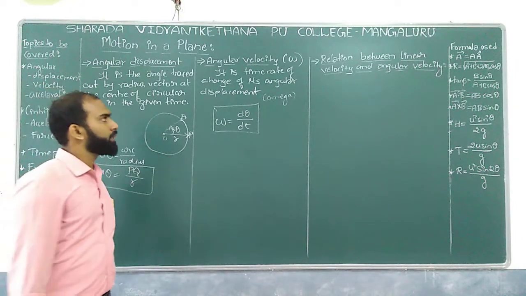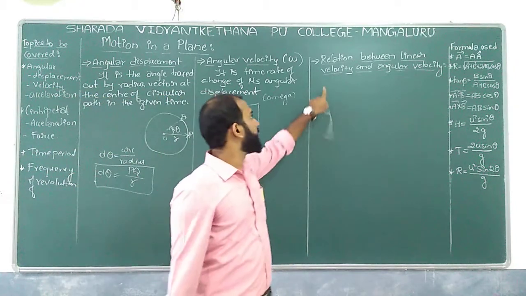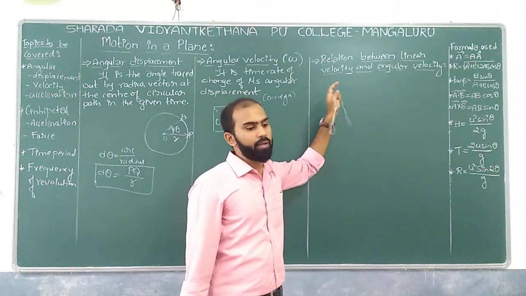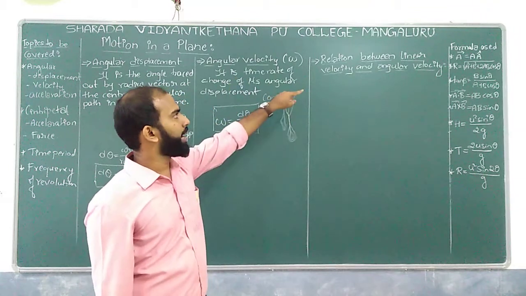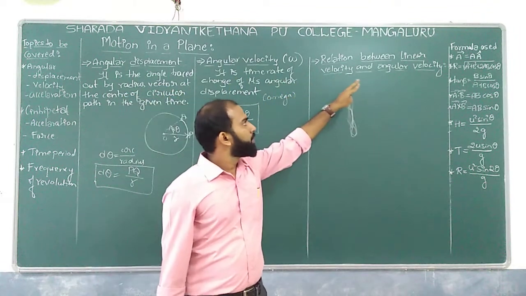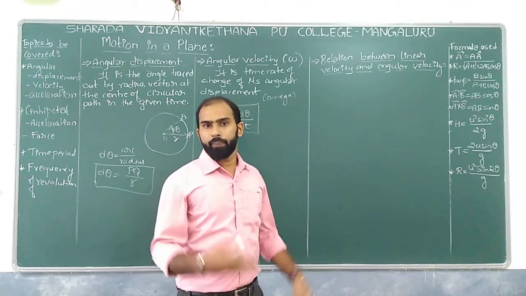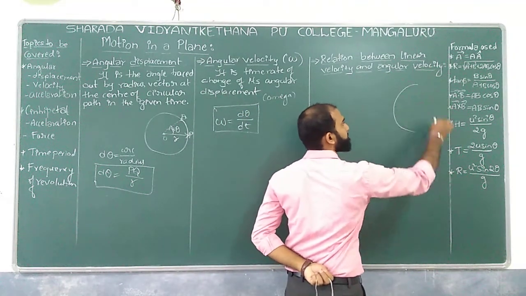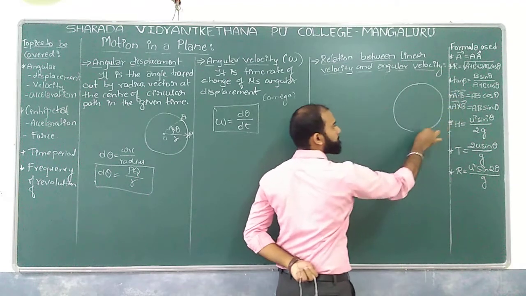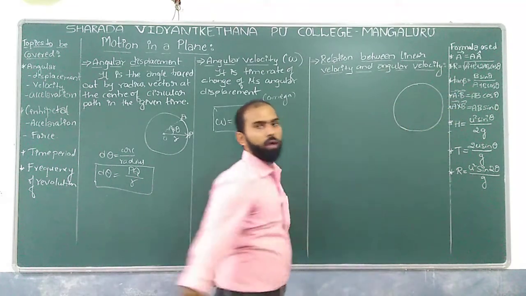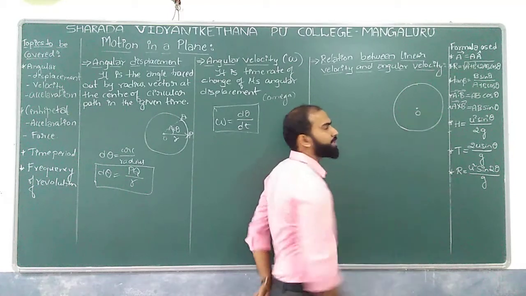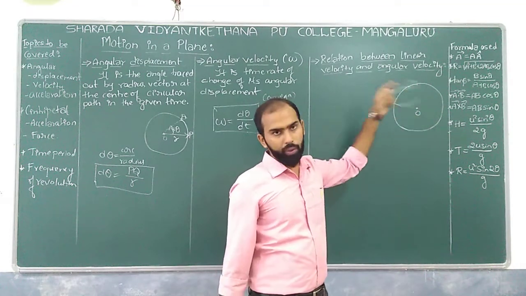And if I want to get a relation between a linear velocity as well as angular velocity, what can we have over here? Linear velocity we know. Let us consider one circle over here. Now let us take one point O, which is the center of the circle.